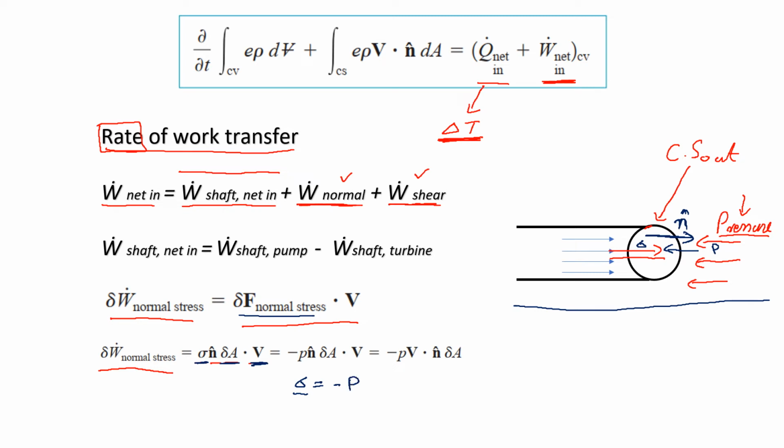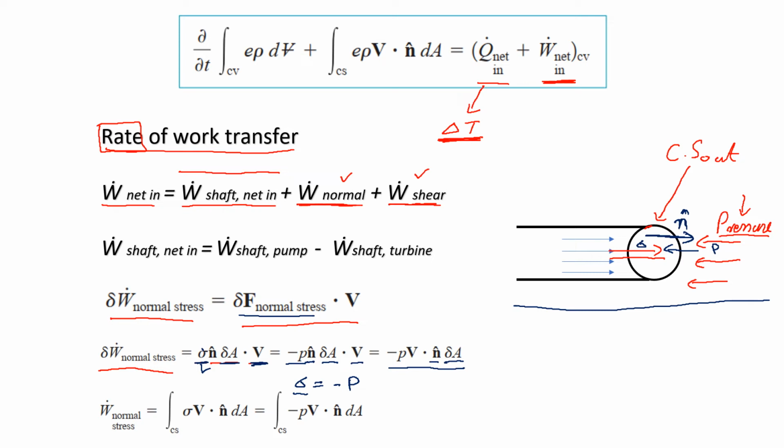So I will put negative P in place of stress here. So now I get negative P, n unit vector, delta area, dot V, and to simplify it a bit further, I get minus P, P is for pressure, V is for velocity, dot n unit vector, delta A. So this is the work that is required to overcome these normal stresses that are occurring on this control surface.